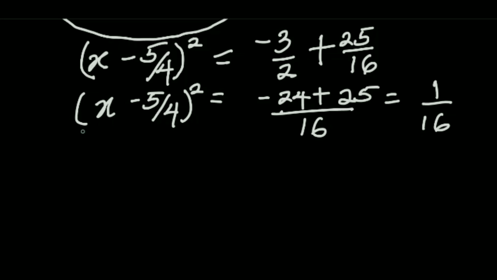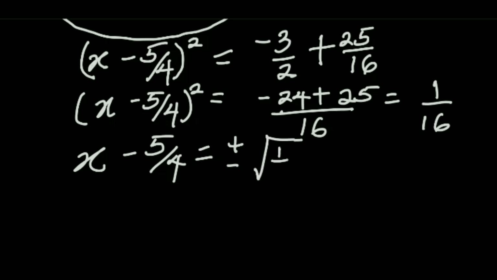Alright, so x minus 5 over 4 all squared. Remember, to take out the square on one side of an equation, you find the square root of the other side. So we take out the square. x minus 5 over 4 will be equal to, this time around, plus or minus the square root of 1 over 16.